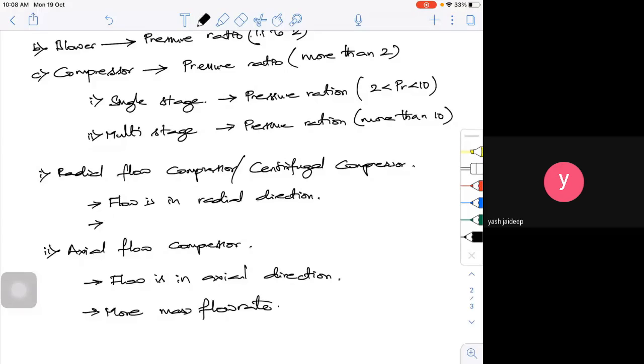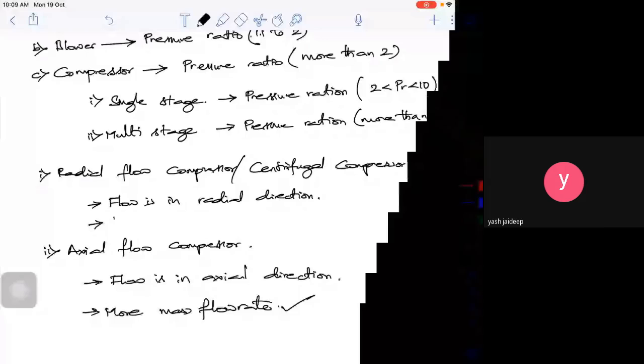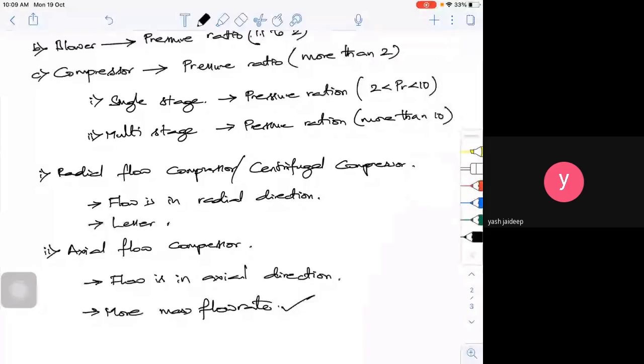At the same pressure ratio, with slightly lesser mass flow rate, I will go for a centrifugal compressor. So depending upon the quantity of the fluid, I choose what type of compressor to use.